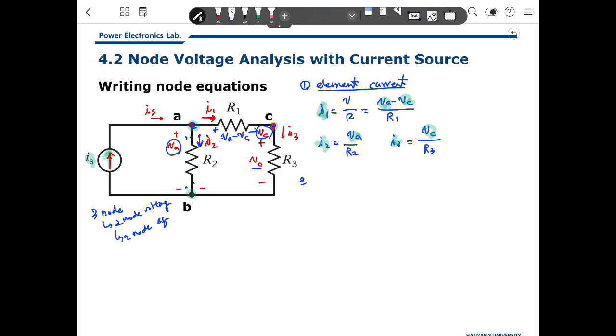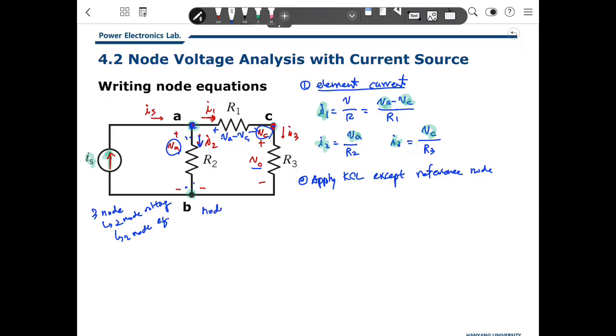The second thing is to apply KCL except at the reference node. So there will be two KCL equations from A and C.